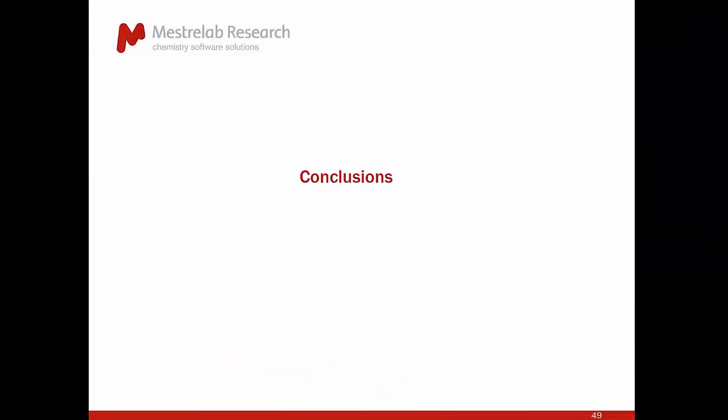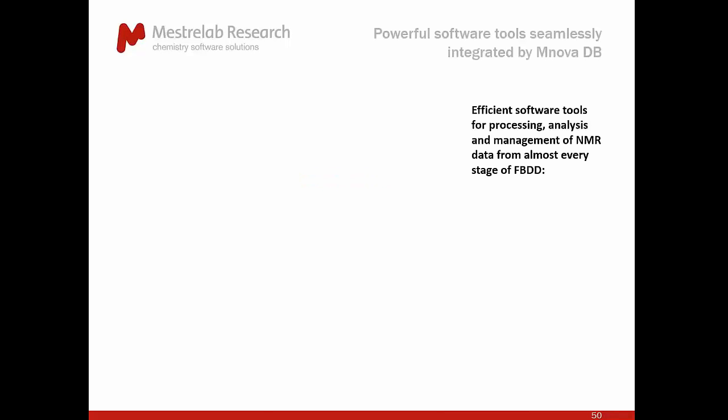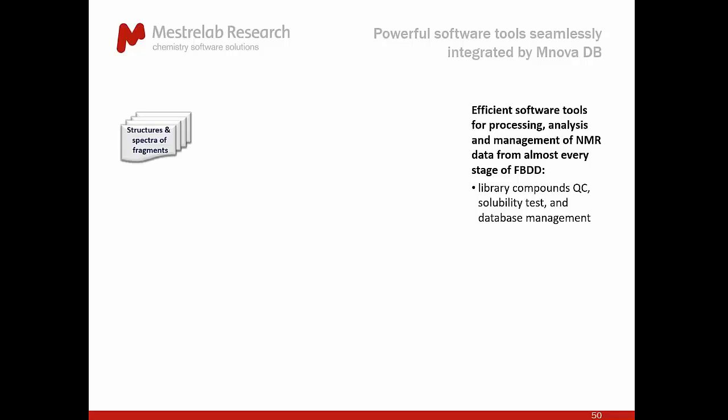I would like to draw a brief conclusion from what I just showed you. Mnova so far provides efficient software tools for processing, analyzing, and managing data from almost every stage of fragment-based drug discovery. First of all, we provide tools for library compound quality control, solubility test, and database management.